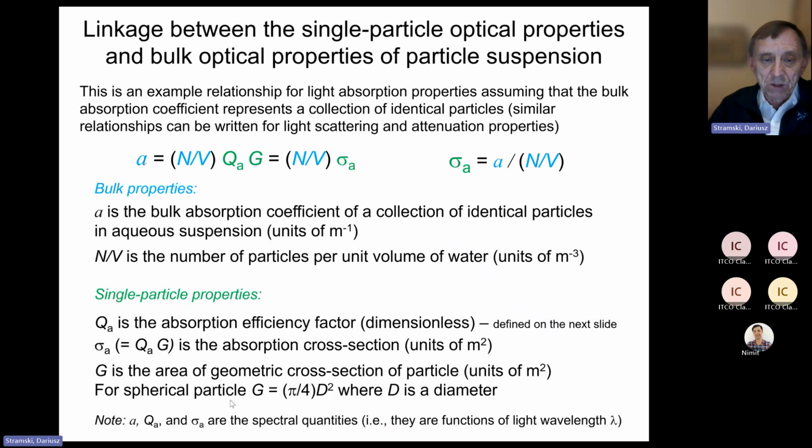We will assume that particles have a spherical shape, so the cross-section is just pi over 4 times d squared, where d is the diameter of the particle. And I omitted here the lambda argument, the wavelength argument. Of course, all optical quantities are a function of lambda, so absorption coefficients or efficiency factor for absorption or cross-section for absorption are all functions of wavelength.